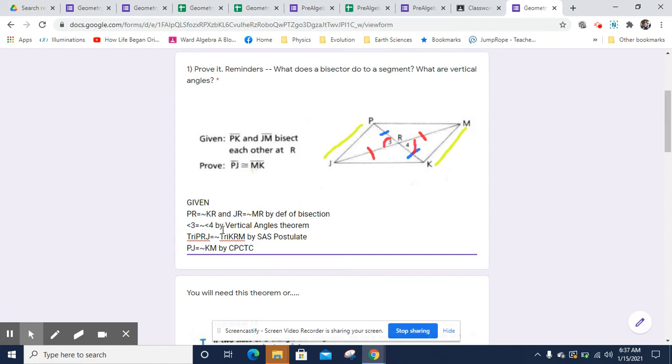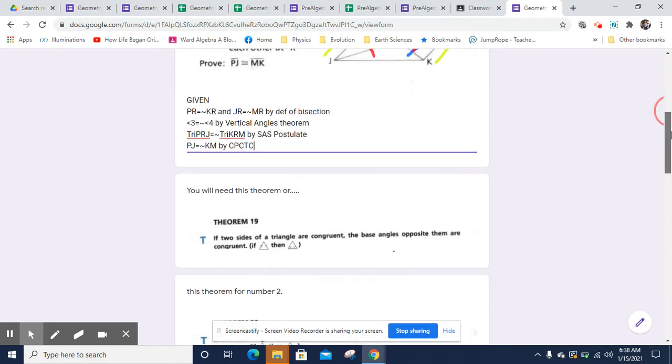That required us to show that angles 3 and 4 were congruent by vertical angles theorem, and also that PR and KR were congruent and JR and MR were congruent, because these two segments bisect each other. The fact that it's each other really mattered.